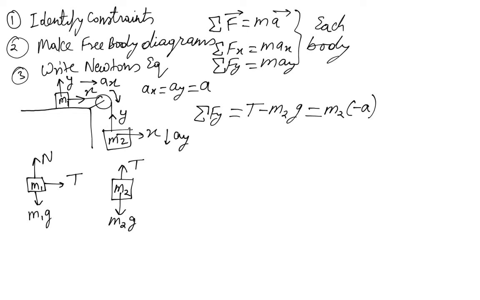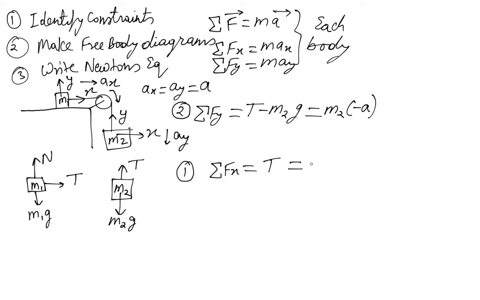Let's talk about the other mass. That was mass 2, and now let's talk about mass 1. For mass 1, we see that there is motion along the x-axis, and the sum of Fx is, well, tension pointing along the positive x direction, which is the only force present, and this should be equal to max.